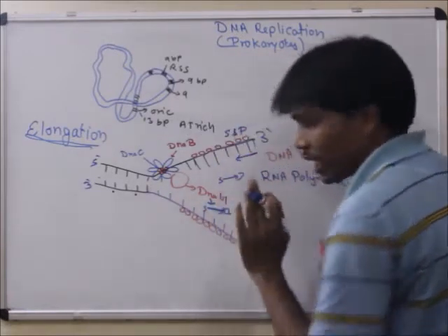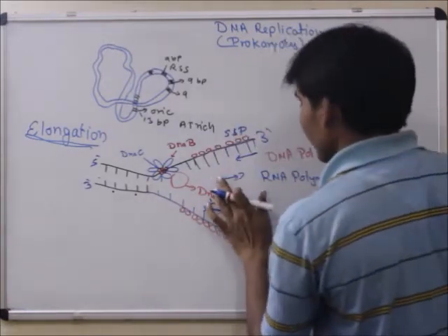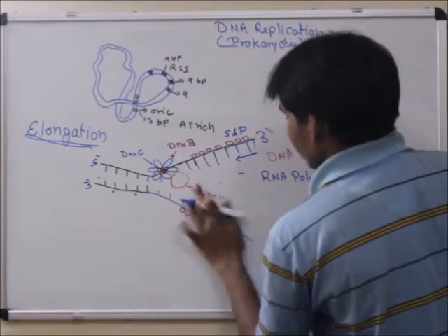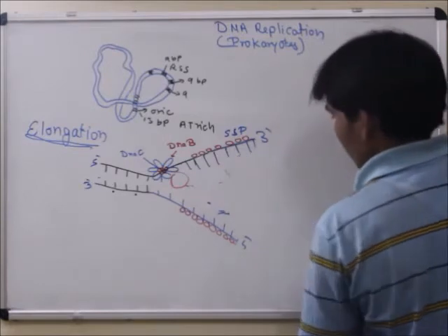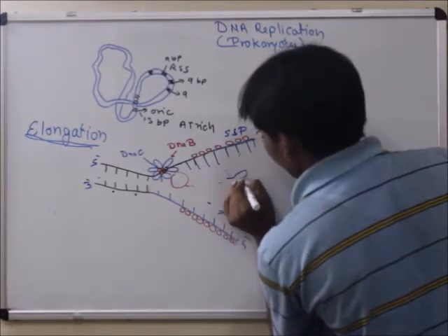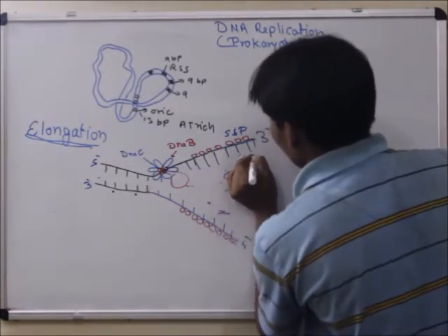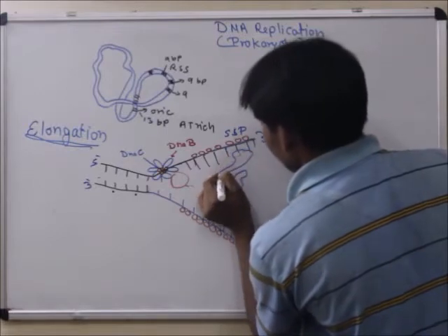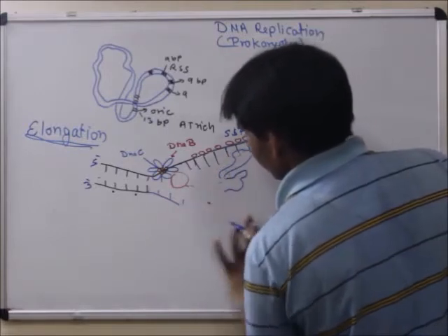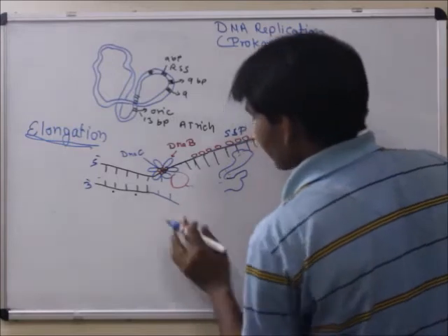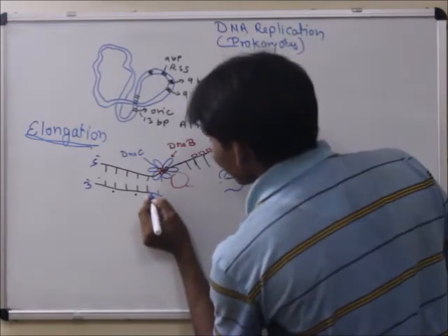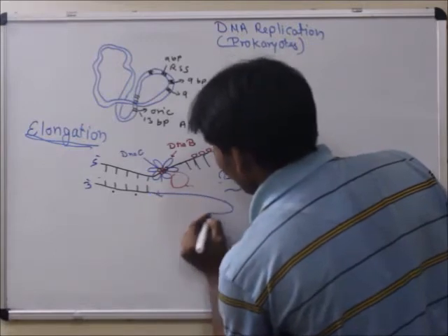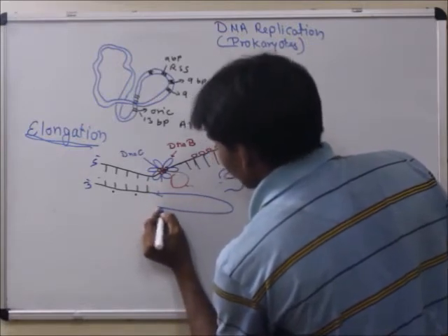I will first describe the structure of the DNA polymerase. This is DNA polymerase. Okay, this is for simple understanding. DNA polymerase solves these problems. It synthesizes in both directions simultaneously in the case of bacteria by making loops.